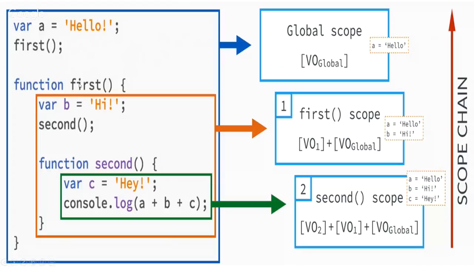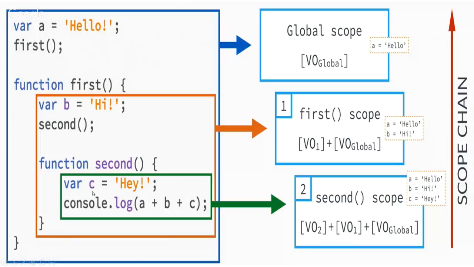Remember that the scope of the first function also contains the outer scope, which is the global scope. So when we decide to run the second function, the JavaScript engine starts looking for the variable b and does not find it in the local scope of the second function.